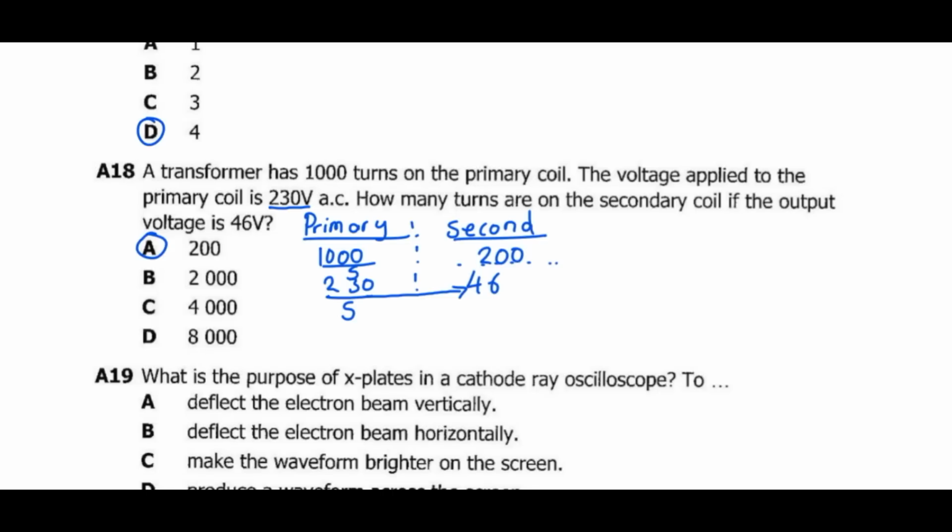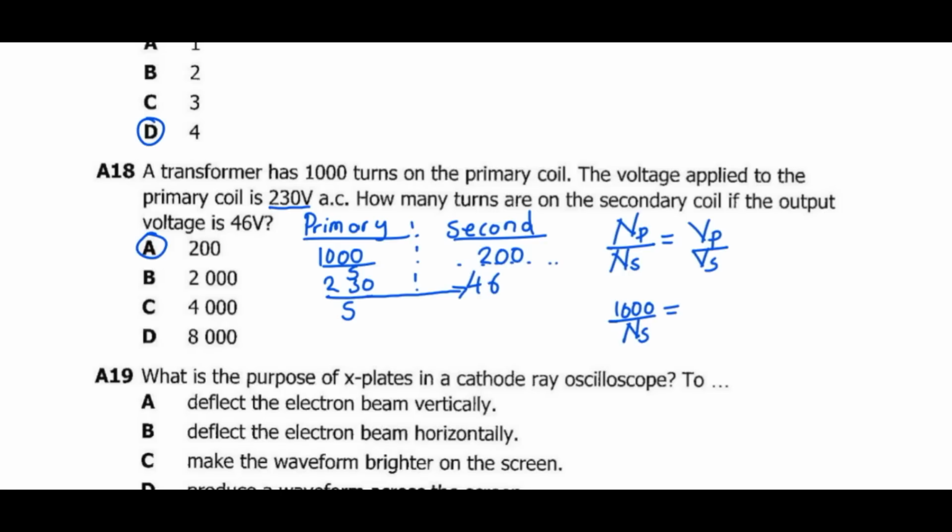Or if you want, you can use the formula. We know that number of turns on the primary coil over number of turns on the secondary coil must be equal to voltage on the primary over voltage on the secondary. So number of turns on the primary is given as 1000, over number of turns on the secondary, which is what we are looking for.